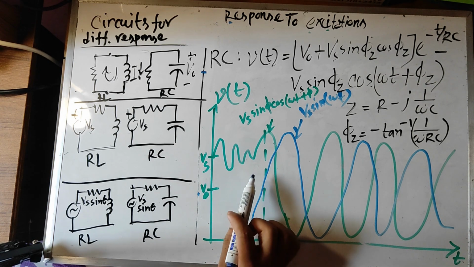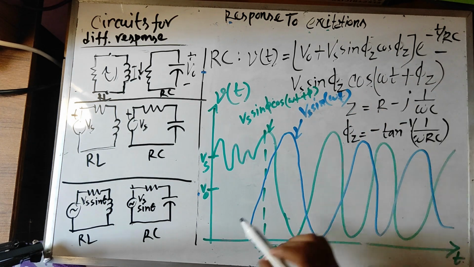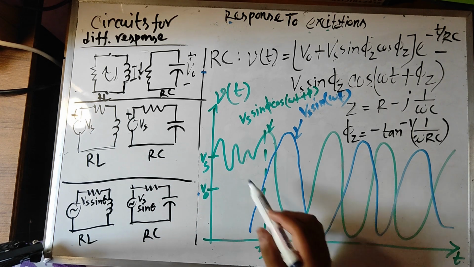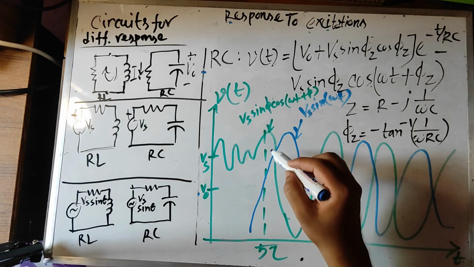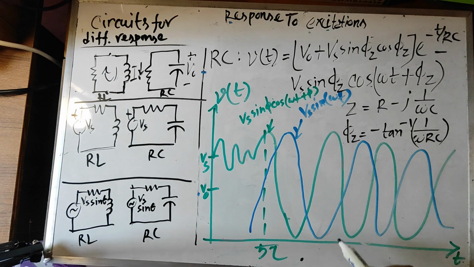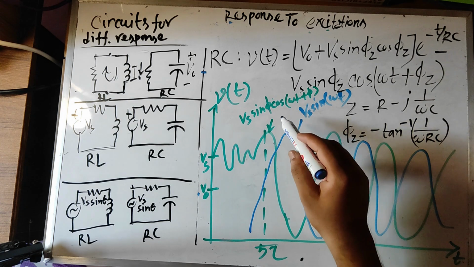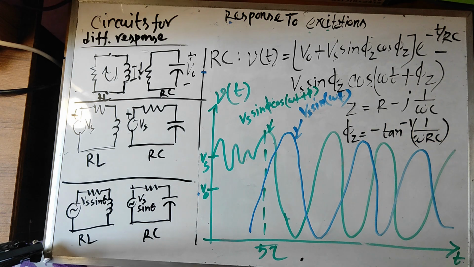The transient part, which is this with initial voltage, will die out at 5 tau. Tau is the time constant, which is tau equals RC, and after 5 tau it will oscillate like the input voltage, but with phase shift phi, in this case 90 plus phi, I guess 90 plus or 90 minus phi. Phi is this.